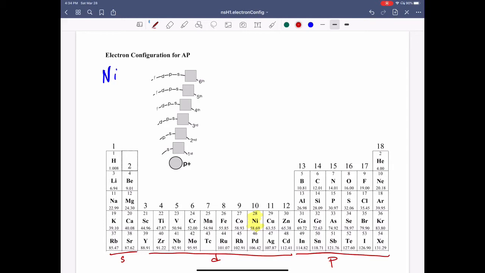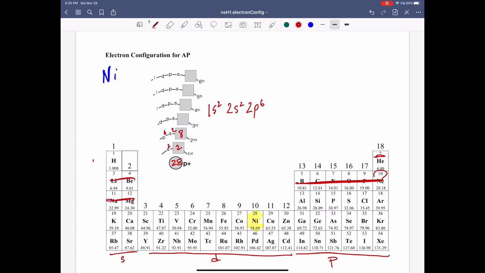Of course, nickel with its 28 protons, we'll put 28, and we'll put the first 2 electrons into 1s2. Then the next 2 electrons also in the s orbital, 2s2, and then across to account for all 10, we'd finish with 2p6 for a total of 8 in the second energy level.